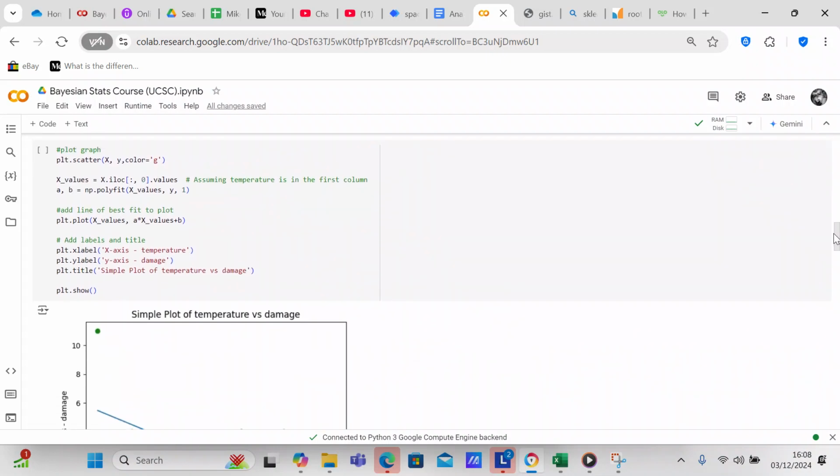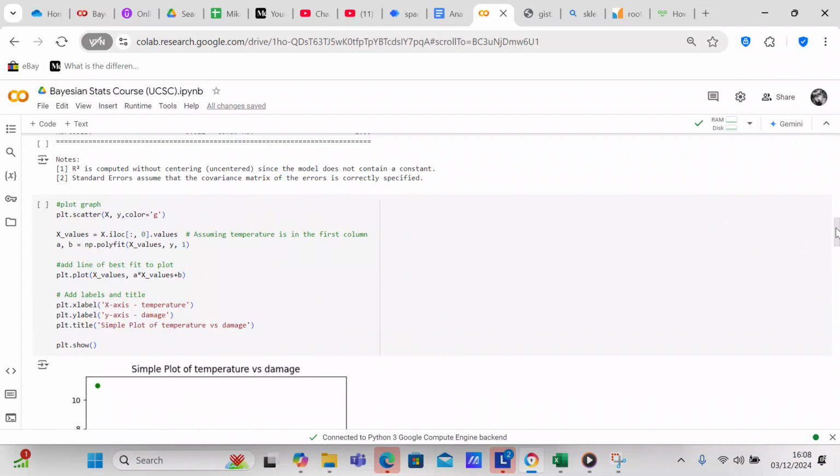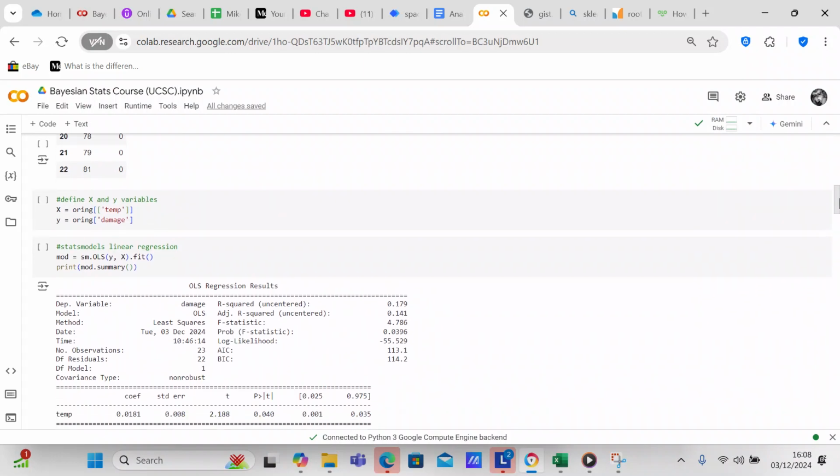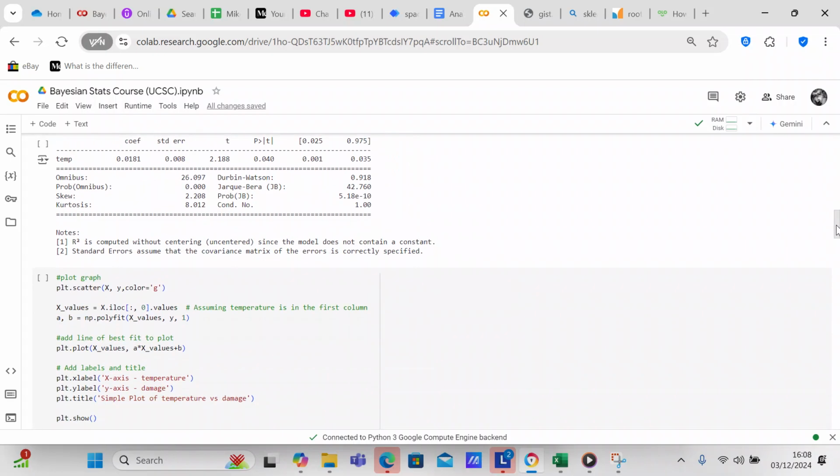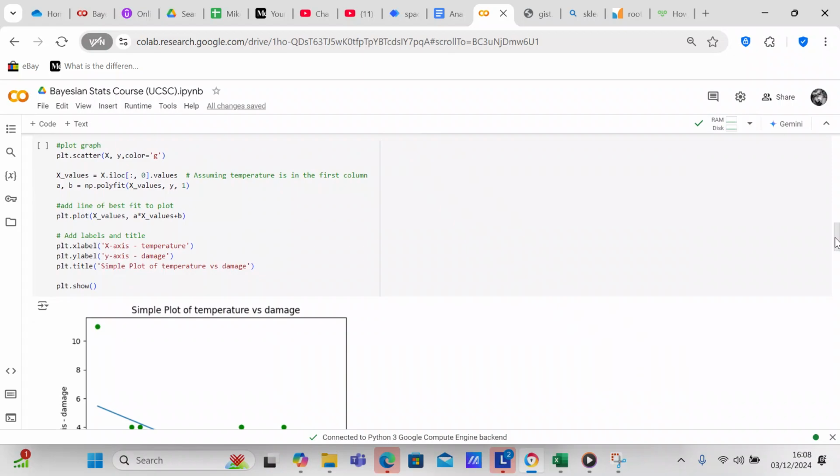So now what we're going to do is plot the graph. We're going to make a scatter plot of X and Y. Our X variable is two dimensions, you can see that by looking over here because it's got 2 brackets, and our Y variable is 1 dimension.